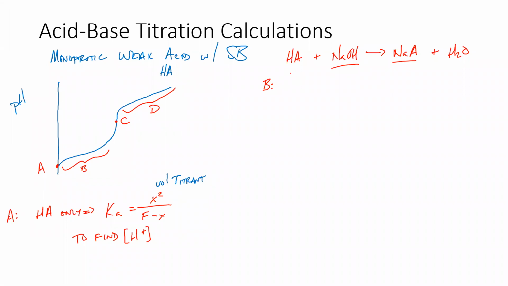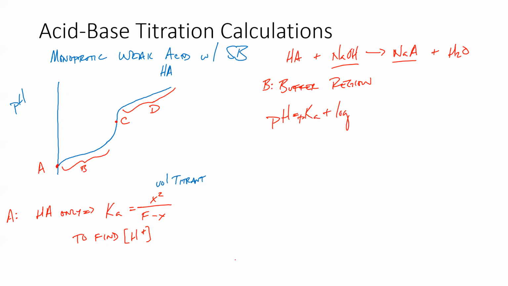A mixture of a weak acid and its conjugate base. Buffer? Yeah, we've got a buffer. And so this B region is our buffer region. And so we know that pH equals pKa plus log of base over acid.